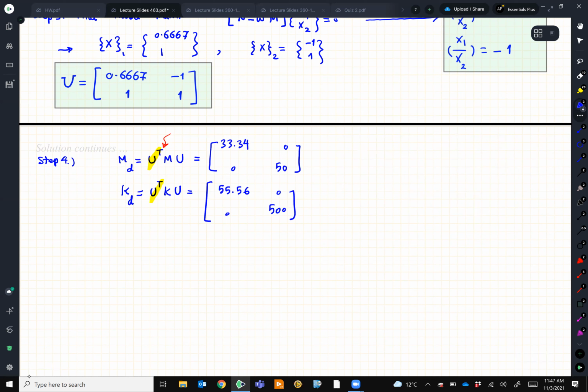So two matrices which are diagonal. And we like diagonal matrices because it means two independent equations. So we will put them in our formula.